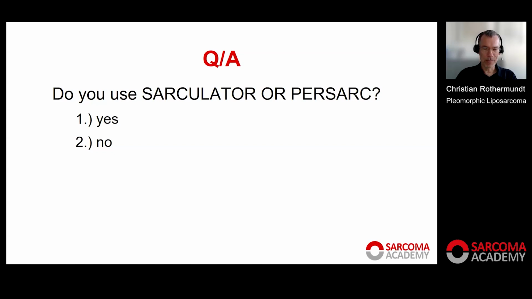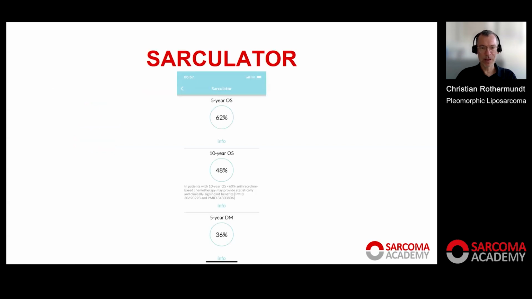Okay, thank you. So I just put in the numbers. I alluded to this before, so you have to type in the age of the patient, the grade of the tumor, so I typed in grade 2, and the patient has a 10-year overall survival of 48%, so he is, as Michelle mentioned, a high-risk patient, and obviously there's this data from Pasquali et al. that these patients might profit from some form of chemotherapy, but this is a post-hoc analysis with all caveats.